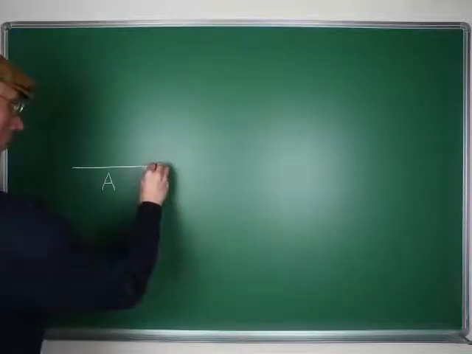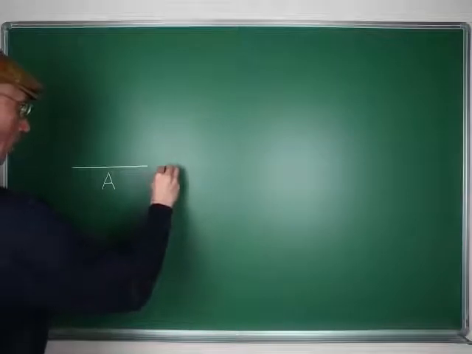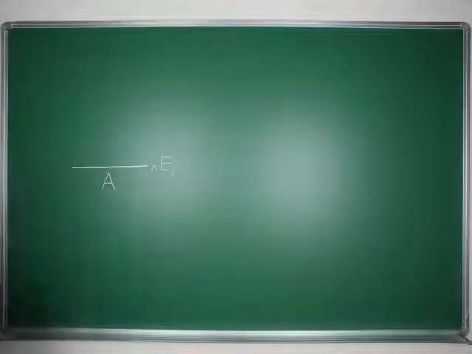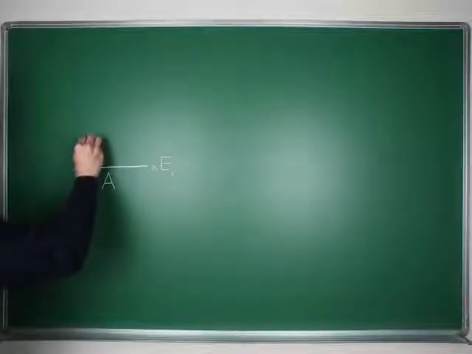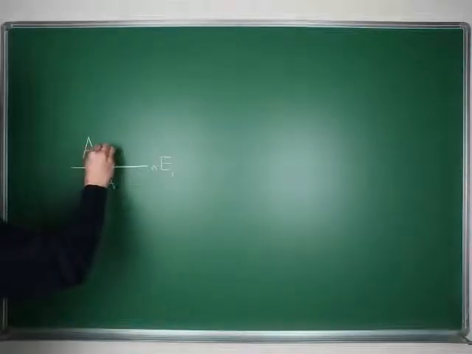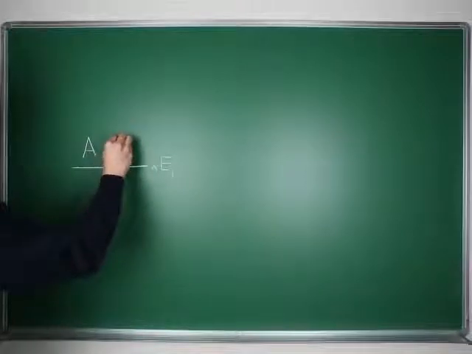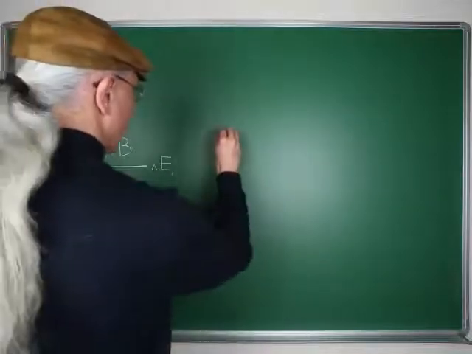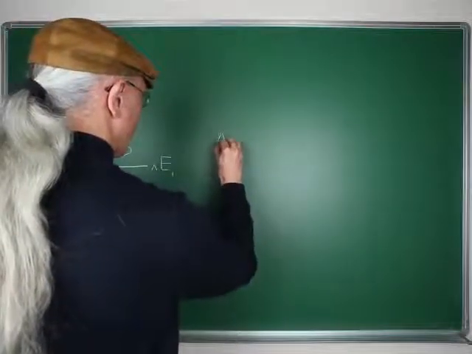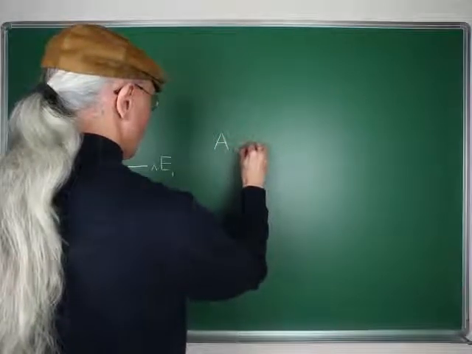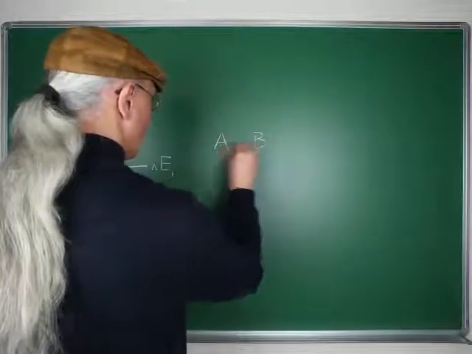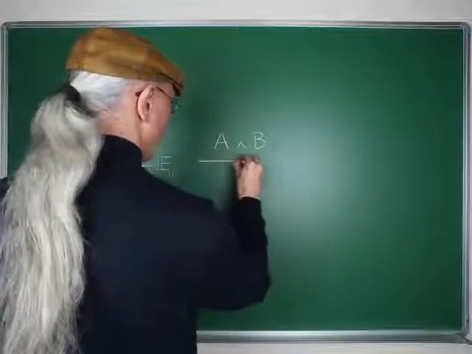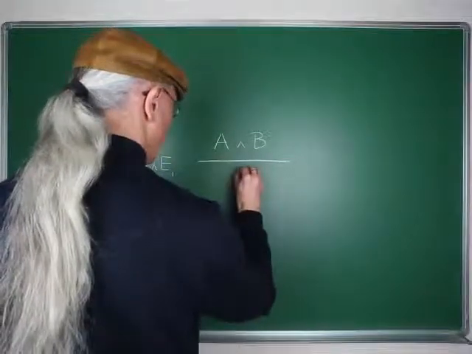On the side of the line, we write the inference rule in use. To deal with conjunction, we have an introduction rule and two elimination rules.